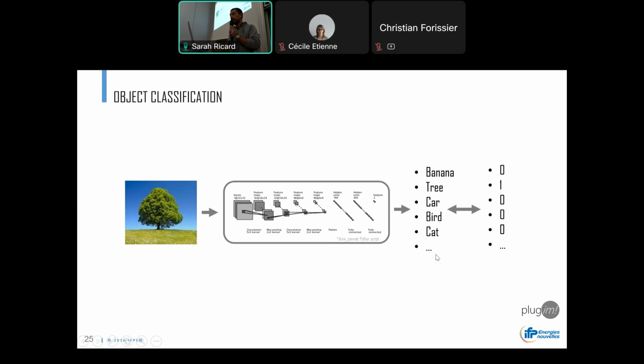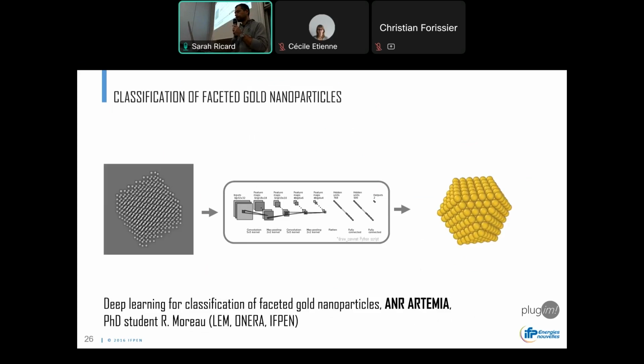It can also be a way to predict some property. In the case of classification, you want the CNN to provide you some probability. But you can also use the CNN to provide you a scalar value, and the scalar value can be linked to a property. I will give you some examples.